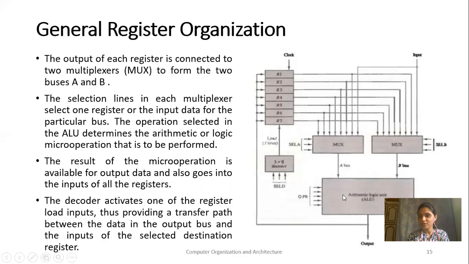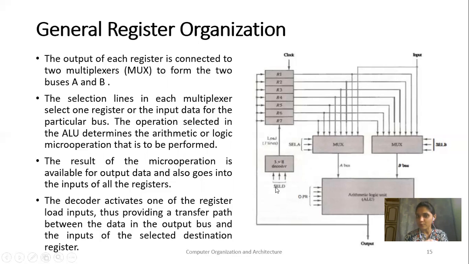The operation will be done on the content of bus A and bus B, which is ultimately the content of the registers, and that is performed in the ALU, and the output is generated. Because we have connected this output to all of the registers, the output is available at the input of each and every register, but it is going to be stored only into the register which you have selected by SELD.